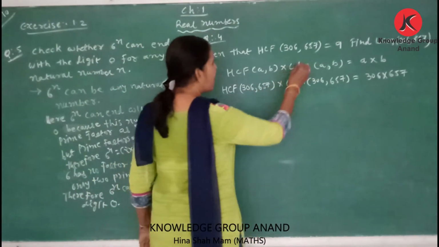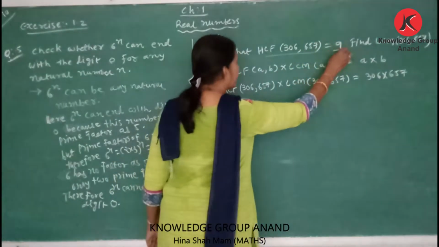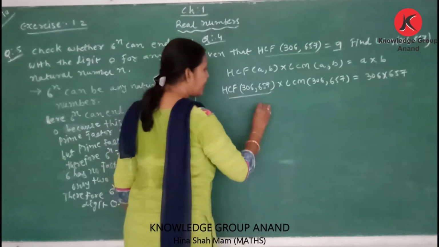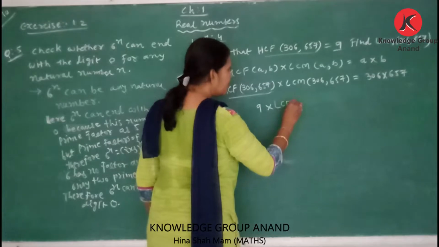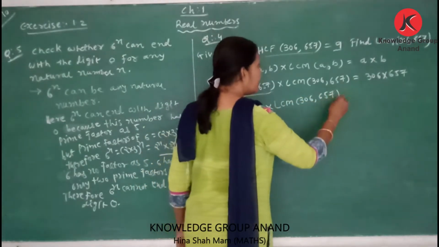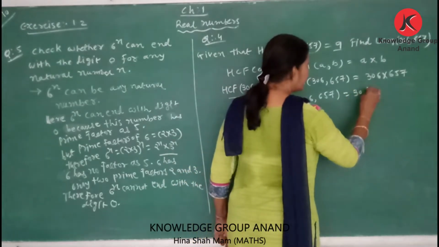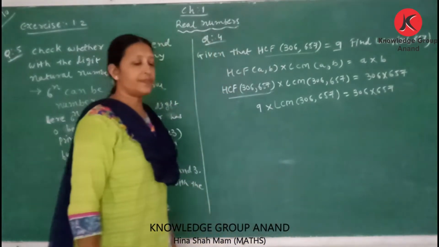Now HCF of 306 and 657 is given, its value is 9, into LCM of 306 and 657 is equal to 306 into 657.